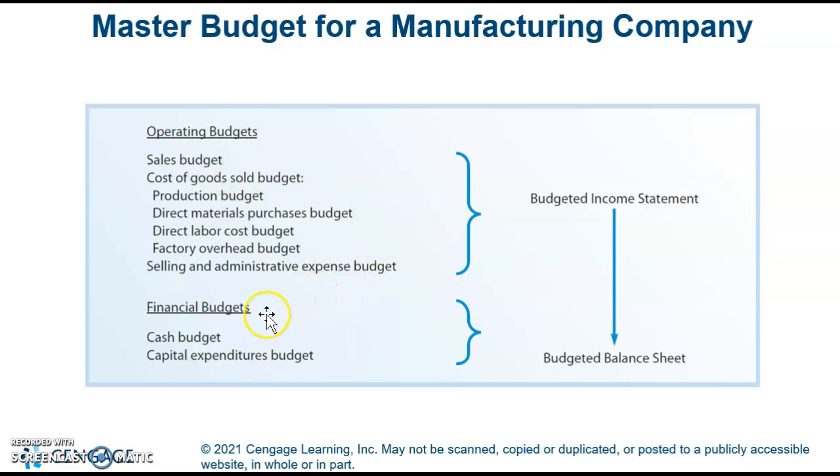And then our financial budgets are going to be the cash budget and the capital expenditures budget. The cash budget is what you expect the cash inflows and outflows to be. And then the capital expenditures budget is what you expect to have to purchase as far as long-term assets.